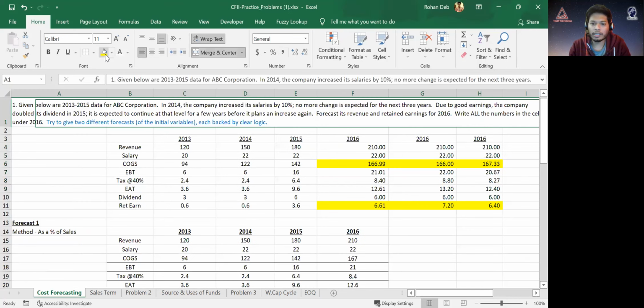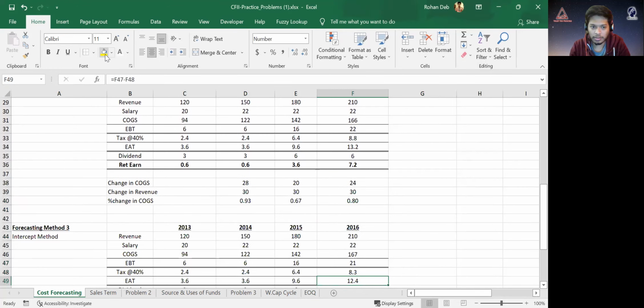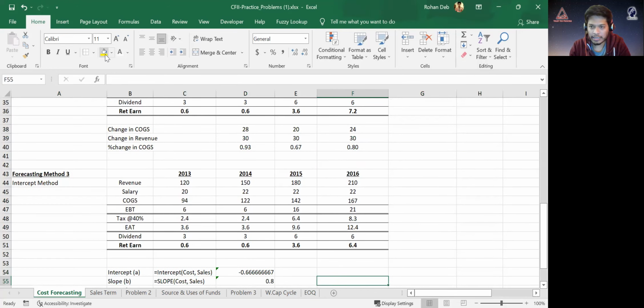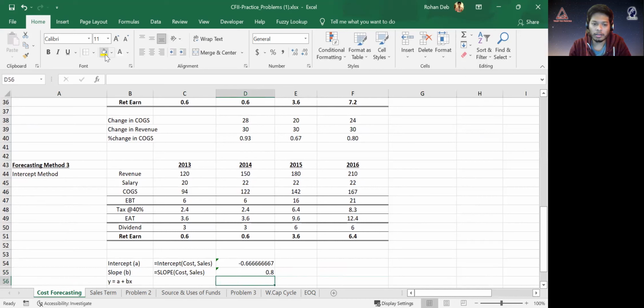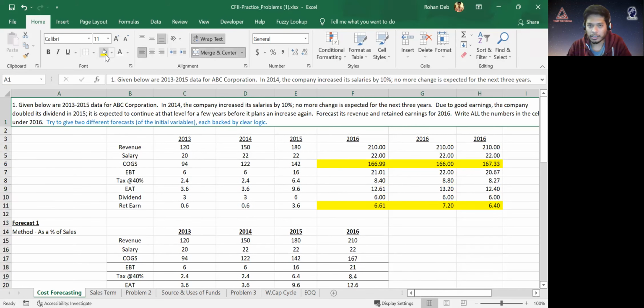So if a question like this comes, firstly determine the change in the revenue, and then based on any two methods you can use this. I've written the formula and I'll share this Excel sheet at the end of the video, so that you can use equal to intercept, cost row, sales row, equal to slope, cost row, sales row. So these are the 3 forecasting methods that are there.